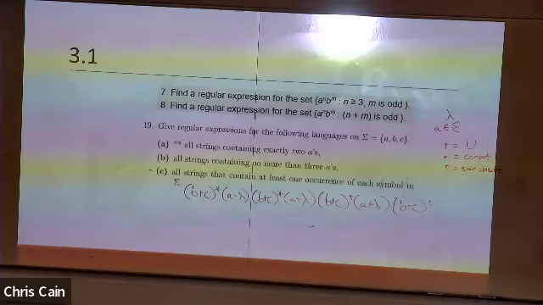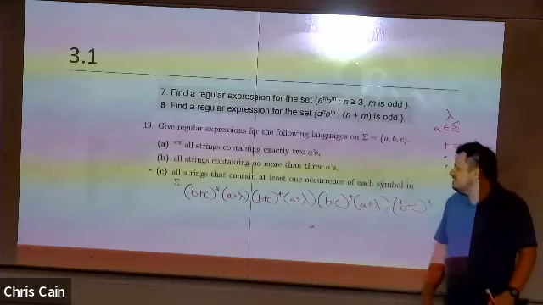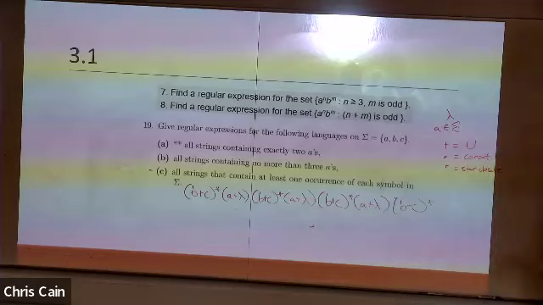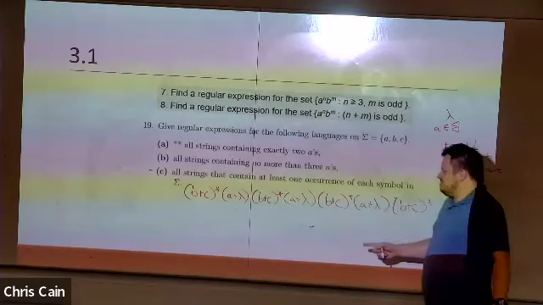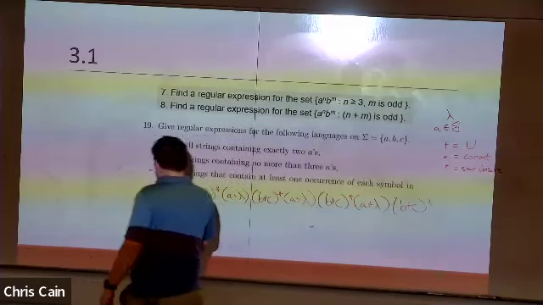One other way you could do it is to break this down into cases. What does it look like if there are no A's? What does it look like if there is one A? What does it look like if there are two A's? And what does it look like if there are three A's? This will be shorter than that, but this is an intuition that will lead you to an answer. Something that has no A's will just be B or C star.